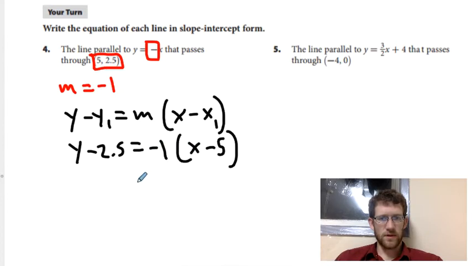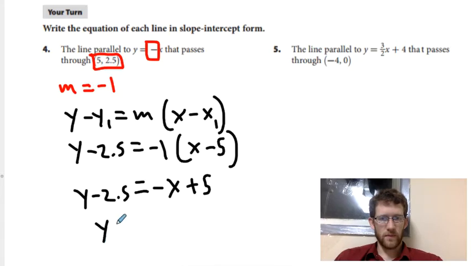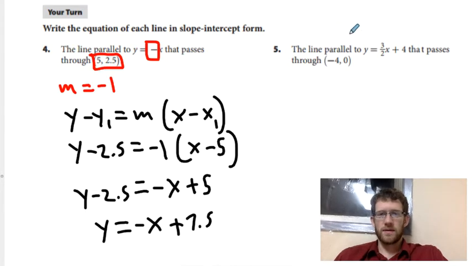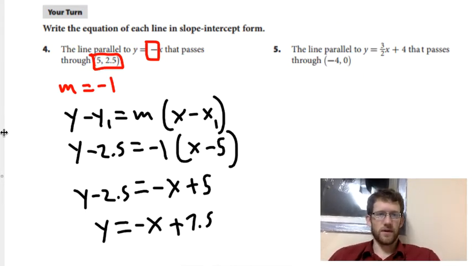We can distribute this, equals -x plus 5, and then finally y equals -x plus 7.5. Okay, similarly, this one here, same sort of deal. I'll just skip that one.